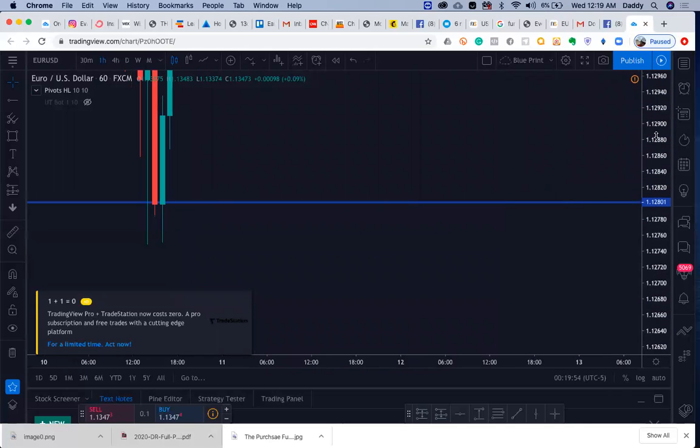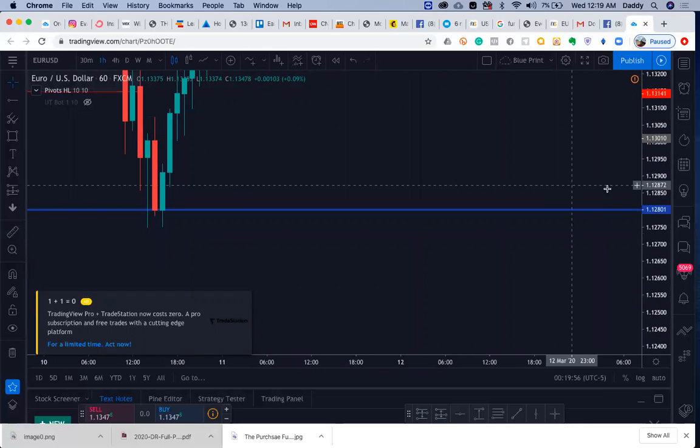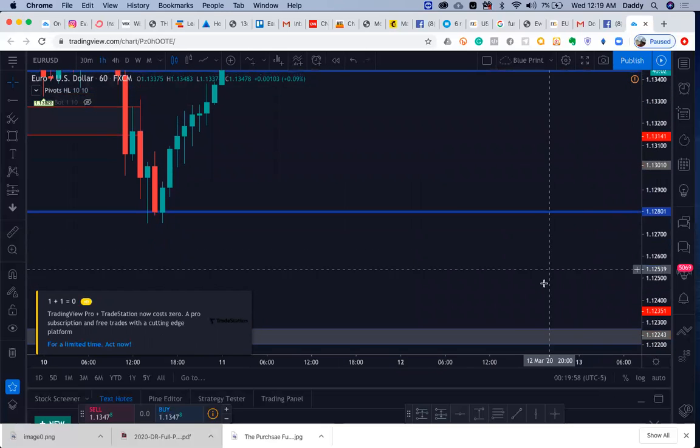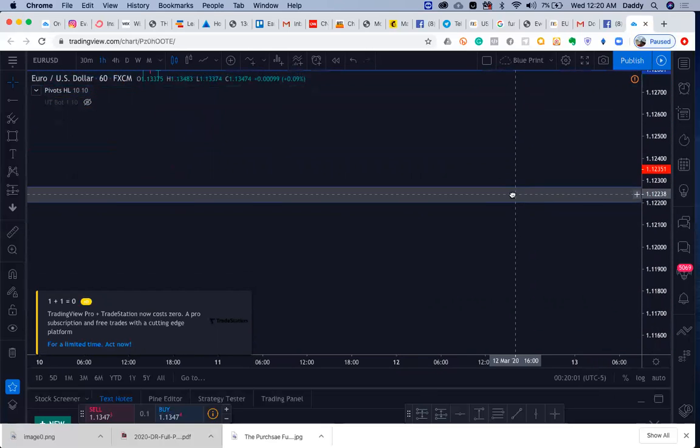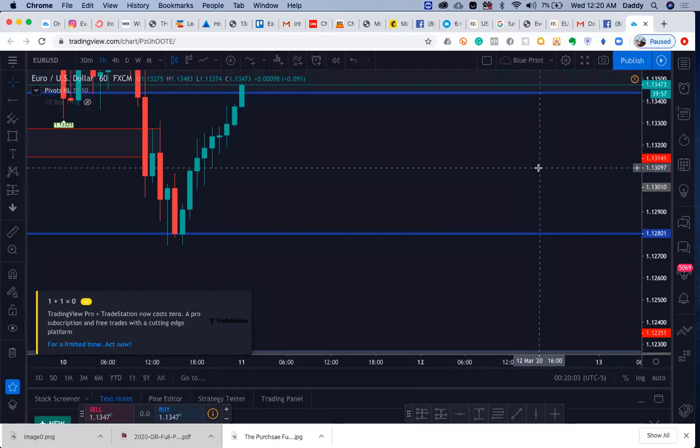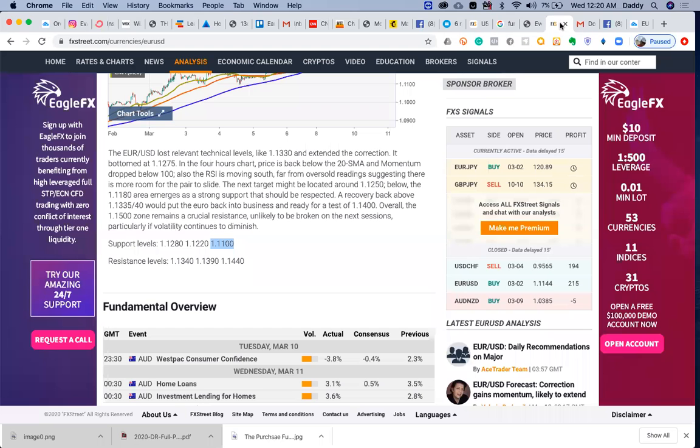You don't want it to be a small line because we don't know if price is going to break through it or not, and we don't want to have that perception. Okay, so we got that. And so now we come back 1390, 1440.